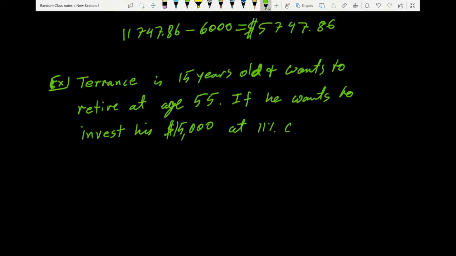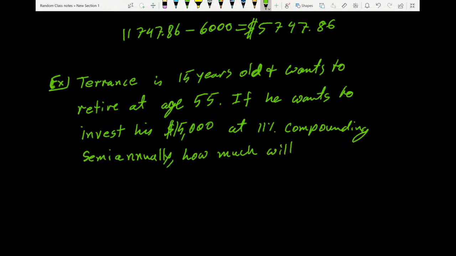At 11% compounding semi-annually, how much will he have when he turns 55?